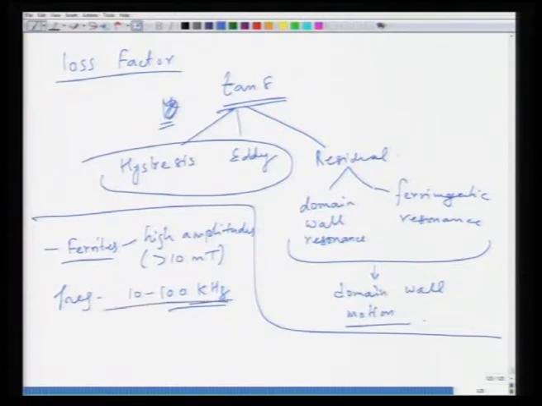Now, here the power dissipation is mainly hysteresis and eddy currents. In such applications, these are the two main mechanisms of power losses in case of ferrites.